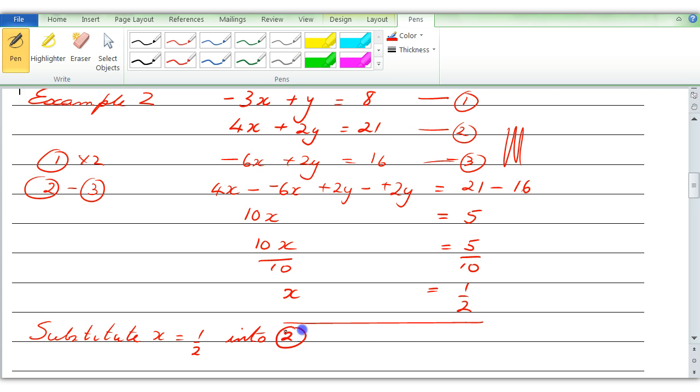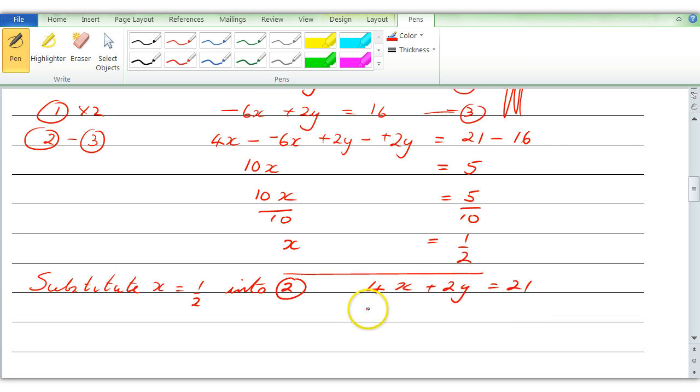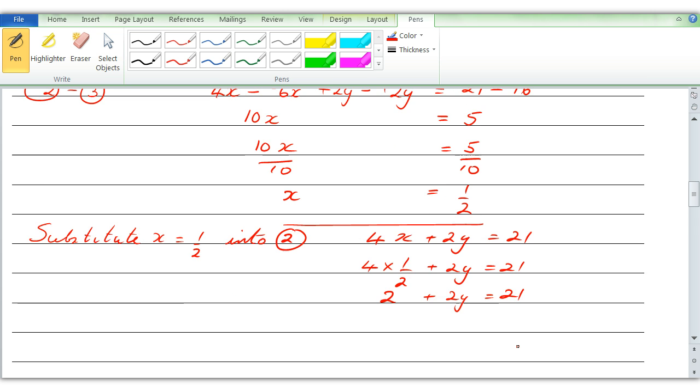So I'll substitute it into 2. We have 4 times x plus 2y equals 21. That's our equation 2. Substituting that in, 4 times a half plus 2y equals 21. So 2 plus 2y equals 21.